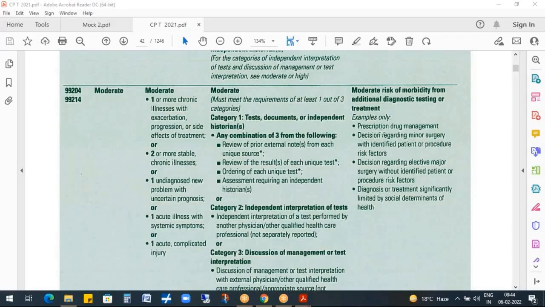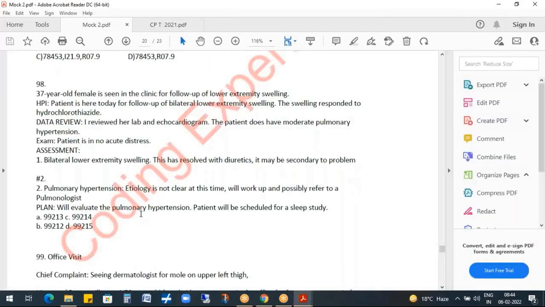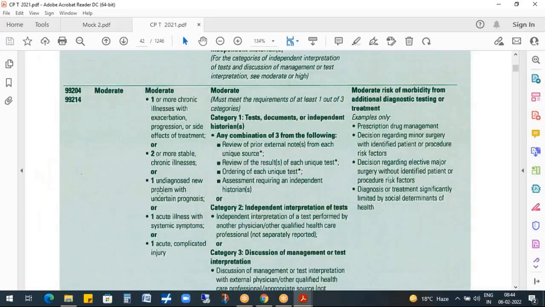Now the question here: can you see clearly, an undiagnosed new problem with uncertain prognosis? The etiology is not clear for the diagnosis. If you see in the question pulmonary hypertension, etiology is not clear at this time.